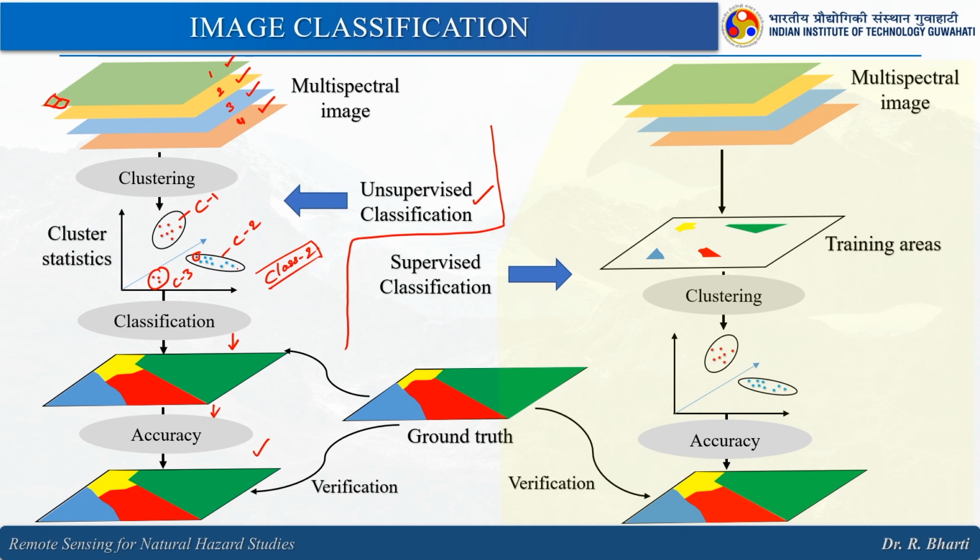Now, this was the case when we were talking about the unsupervised, when we did not have any input while classifying, right. So, in unsupervised classification, we did not supervise this particular classifier. The classes were given by the system or the method itself. But when we talk about supervised classification, supervised means supervision is required.